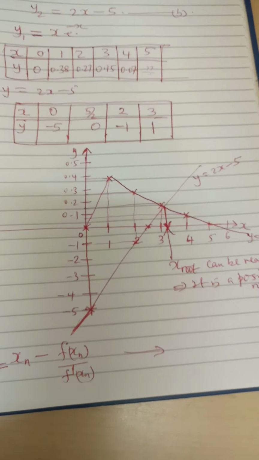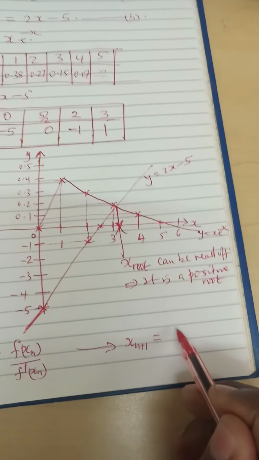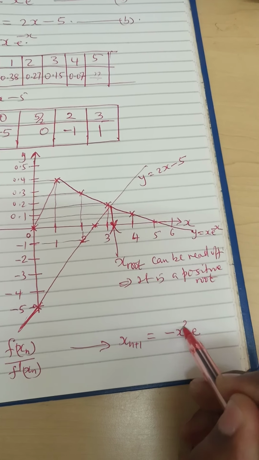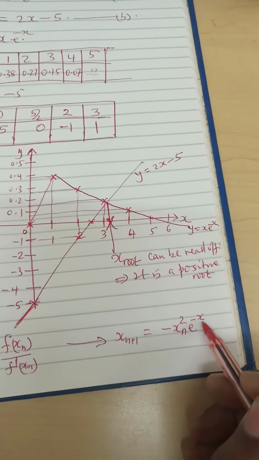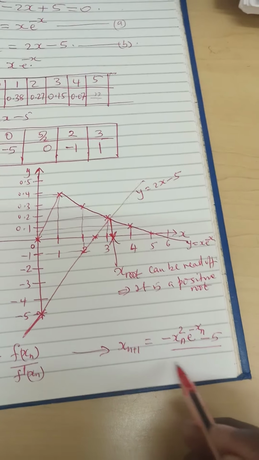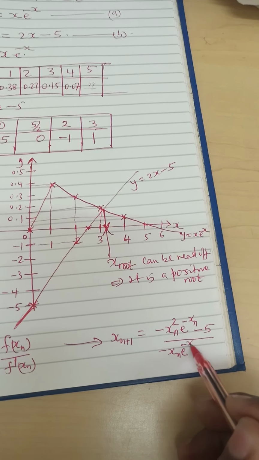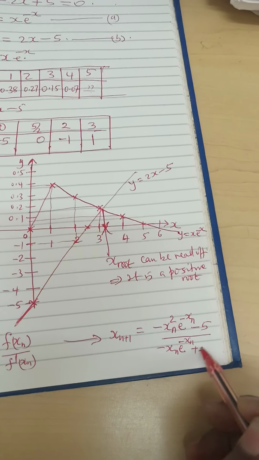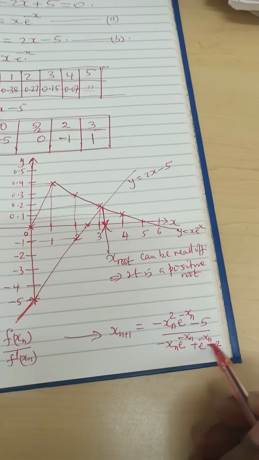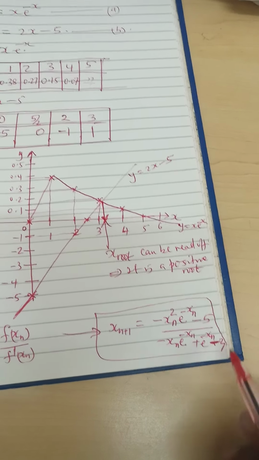Your final expression, if you've worked through, should be x_n minus (x_n e to the negative x_n minus 5) ... over ... minus x_n e to the negative x_n plus e to the negative x_n plus 2... This should be a minus. This is what you would be expected to wind up with.